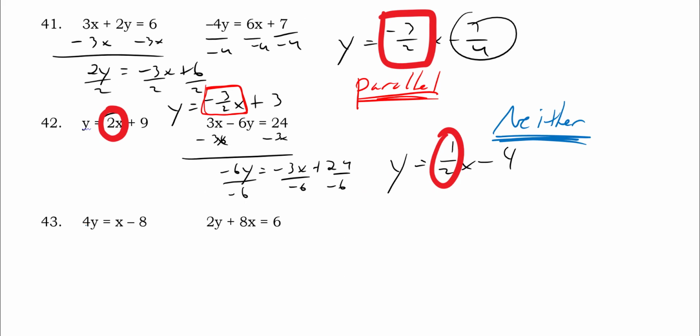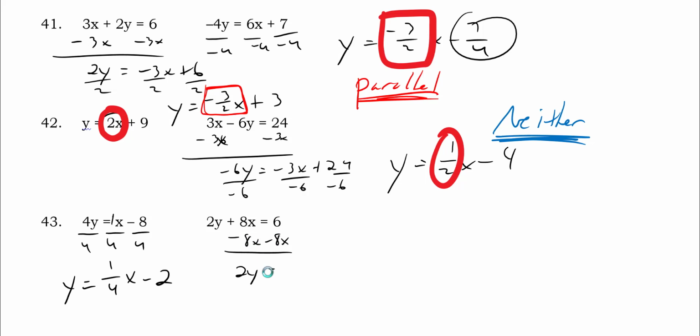Okay, and then the last one, I'm going to divide everything by 4. So that's really 1/4. So the slope there is 1/4. So here I'm going to write out y equals 1/4 x minus 2. And this one I'm going to subtract 8x. So 2y equals negative 8x plus 6, divided by 2. So y equals negative 4x plus 3.